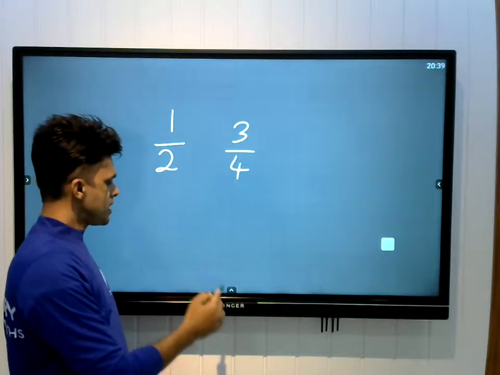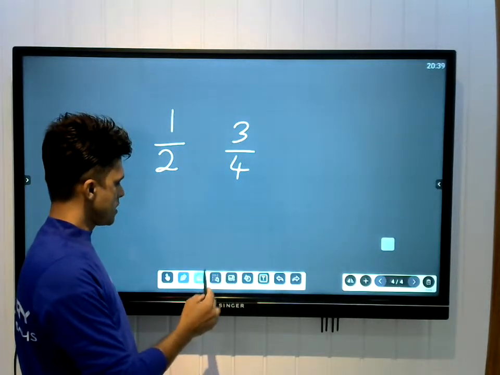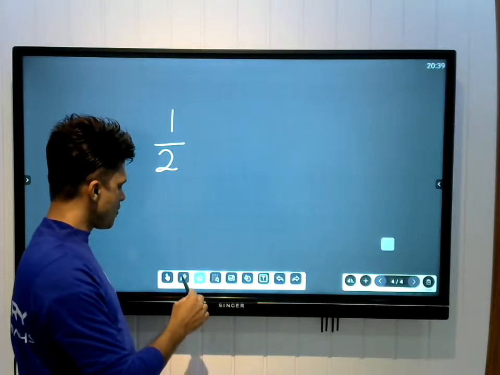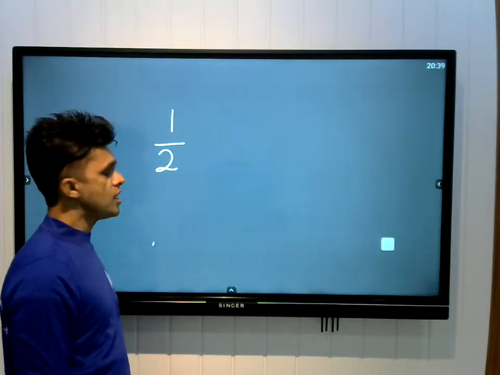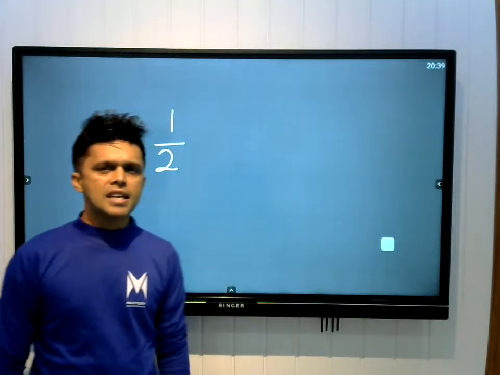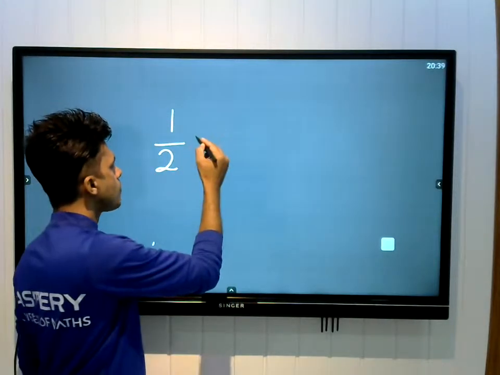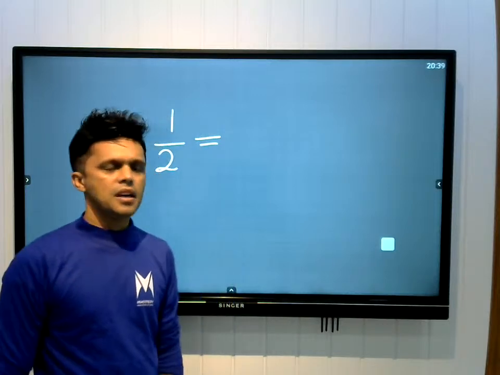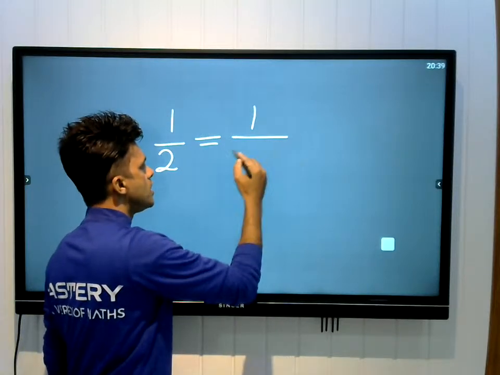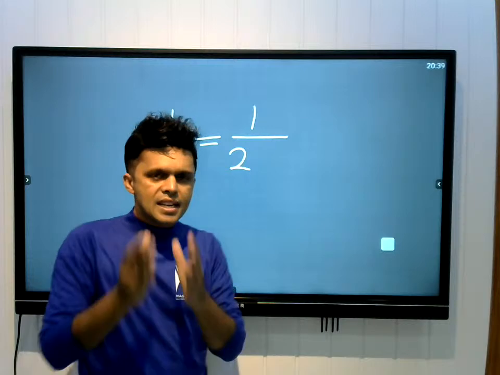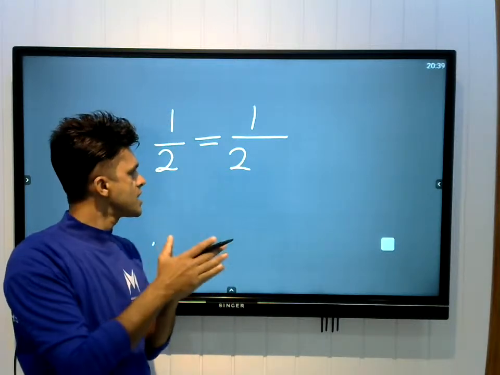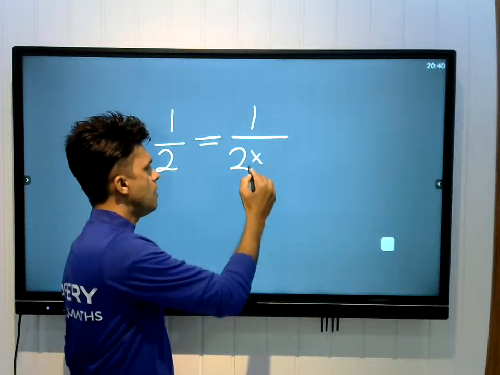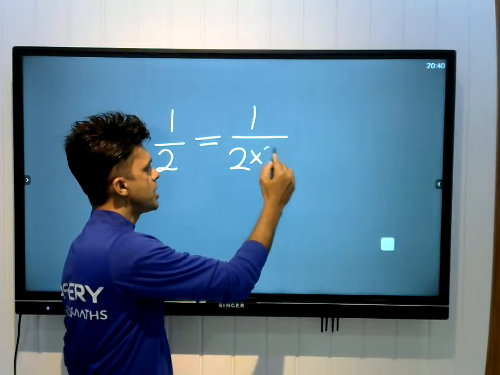Can you write an equivalent fraction to half? How can you write this? You could select a certain number, and selecting it, you could write an equivalent fraction to half. Then I will select 3.